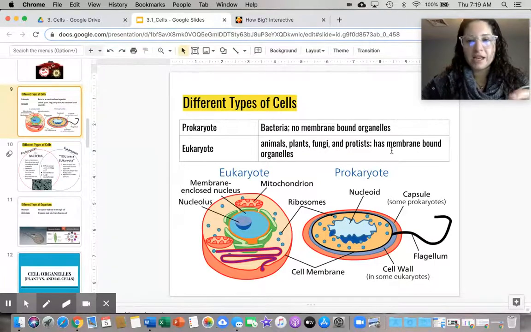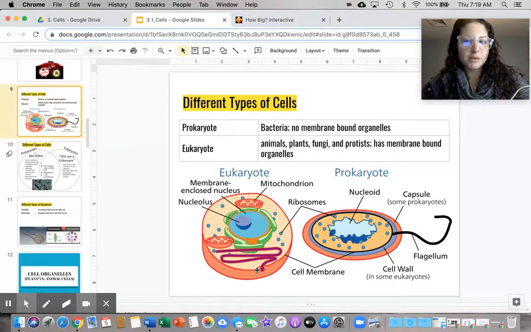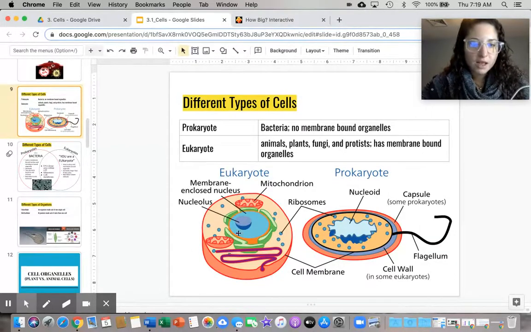And the main defining feature is that all of these types of cells, so our cells, because remember, you are a eukaryote, all of our cells have membrane-bound organelles, and that's what you're seeing over here. So hopefully you remember some of these words. We are going to be going into more detail, but we have a nucleus, mitochondria, ribosomes, an endoplasmic reticulum, a Golgi apparatus, and we do have a cell membrane as well.